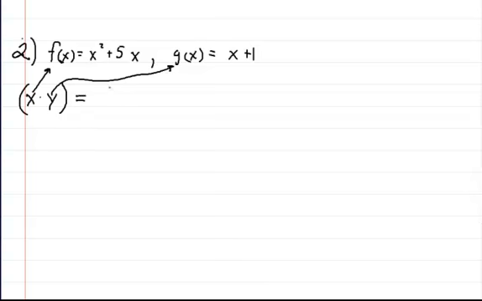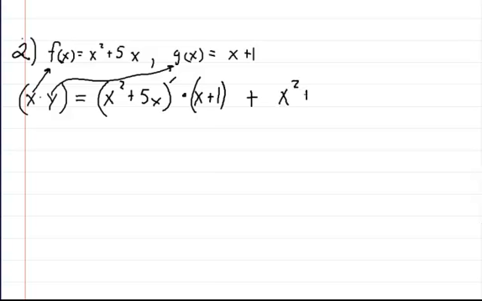So let's enter in these values. So x squared plus 5x, we're going to take the derivative of that one, times g of x, which is x plus 1, plus, now we're going to do this again, we're going to enter in x squared plus 5x, and now we're going to multiply by the derivative of x plus 1. So if we come over here, we're going to take the derivative of x squared plus 5x.